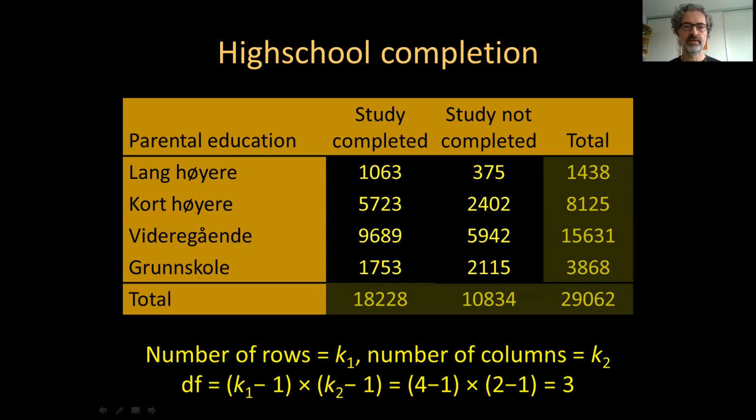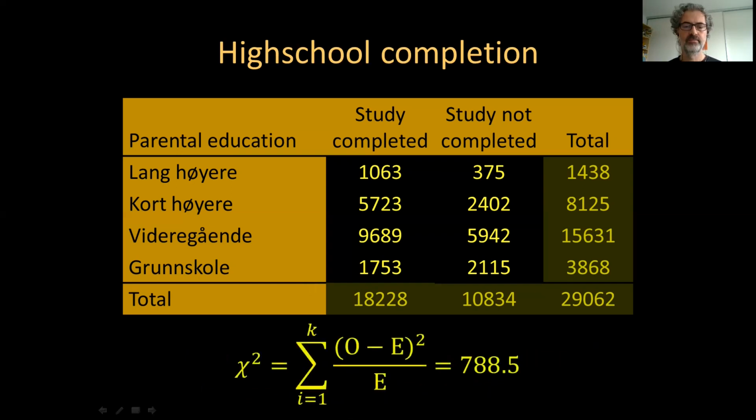So for 3 degrees of freedom, if we look up that chi-square value, we will see that the probability is so small that it cannot even be represented in the computer. This means that these data are not consistent with random sampling from a population with equal proportions.